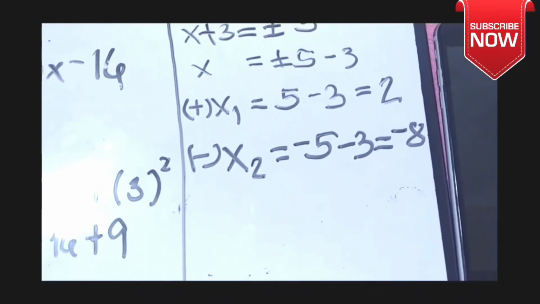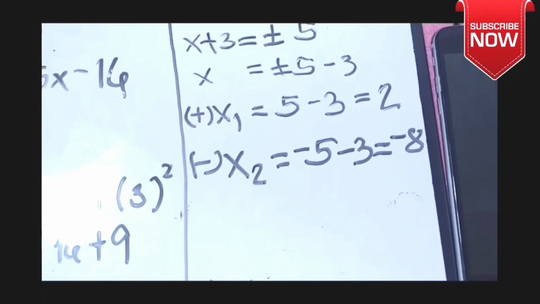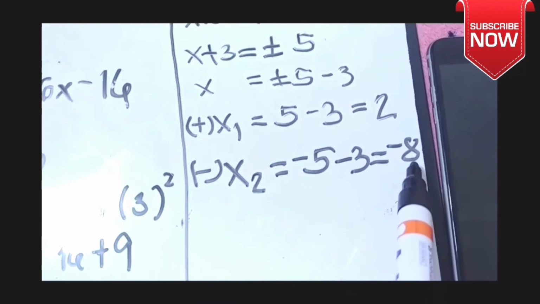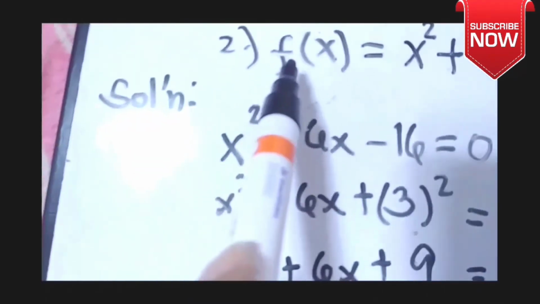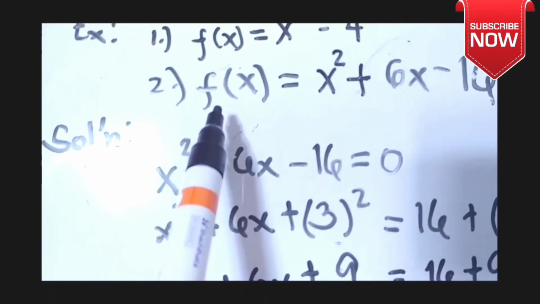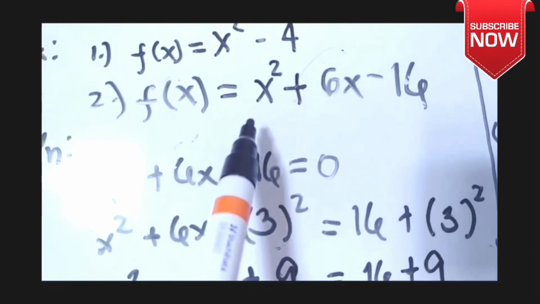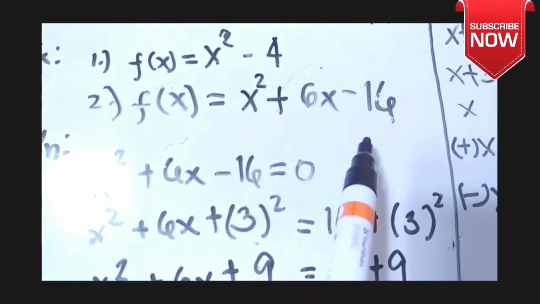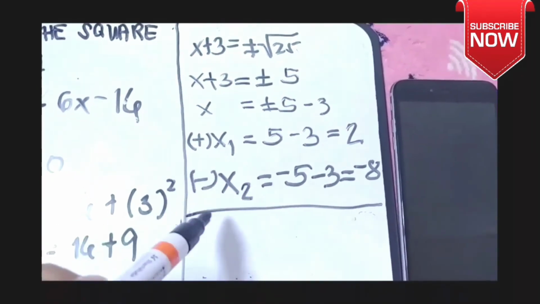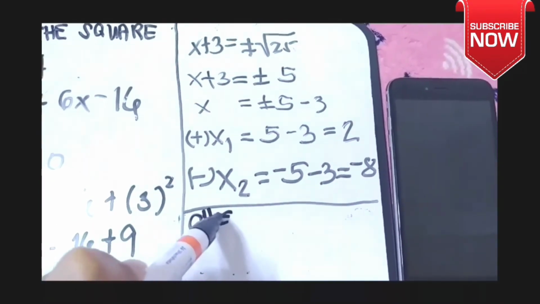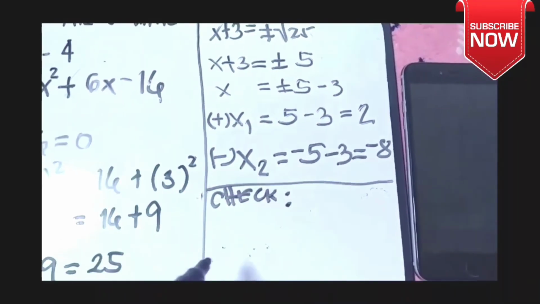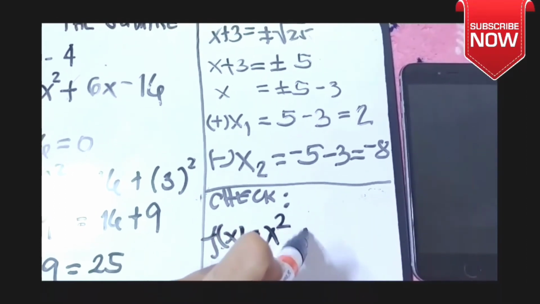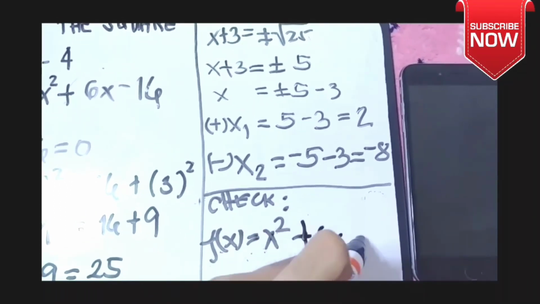So, what's next? I-check na natin ngayon kung ang values ba ng x na positive 2 and negative 8, kung yan ba ang roots ng quadratic equation of f of x equals x squared plus 6x minus 16. So, checking. From f of x equals x squared plus 6x minus 16.